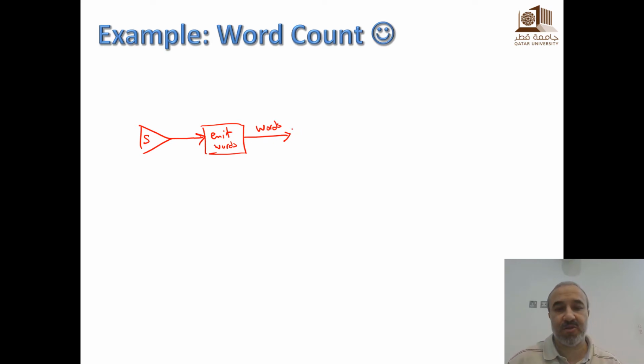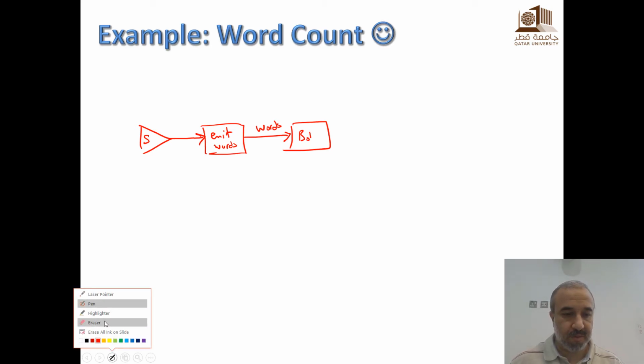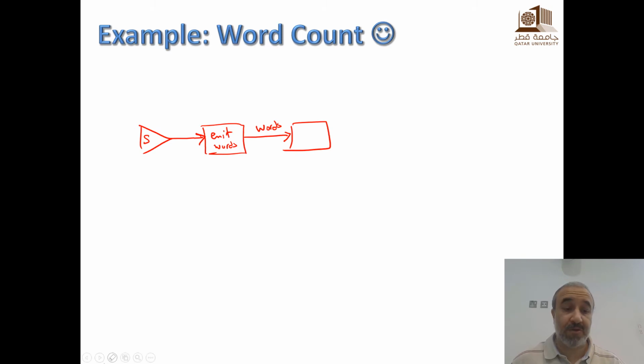Spout is always the source. So we have another board here. What will it do? Count. So for each word, it will have to maintain a count. And that maybe will write it somewhere. So we don't need to do any further processing here, right? There are of course some details we still didn't mention, but that will be the structure. We need to emit words and then we count them.